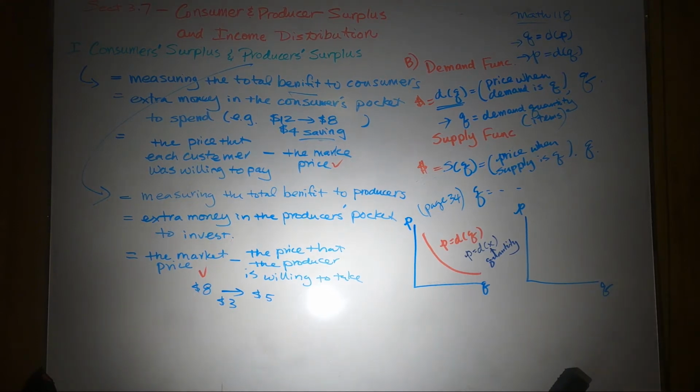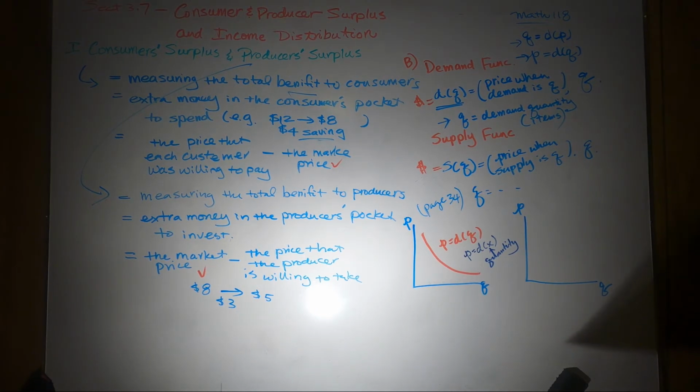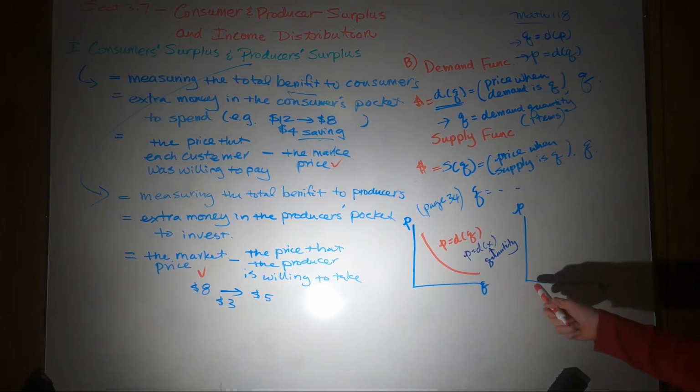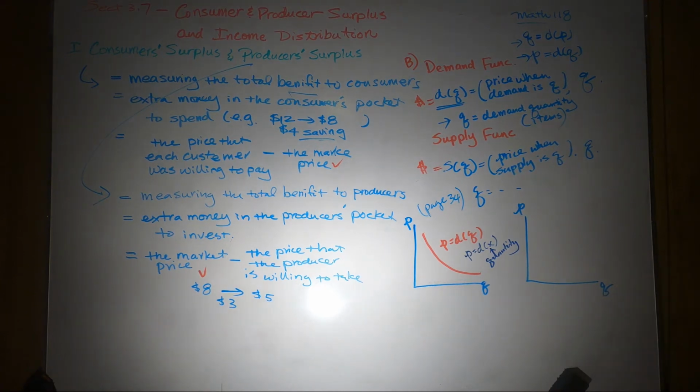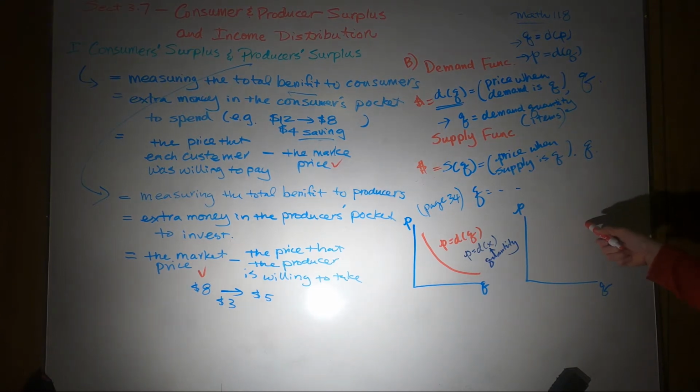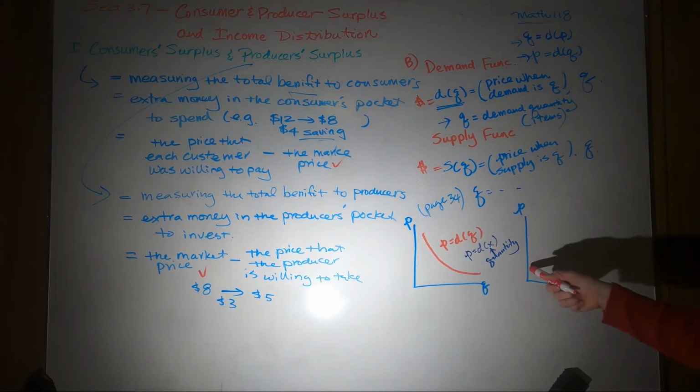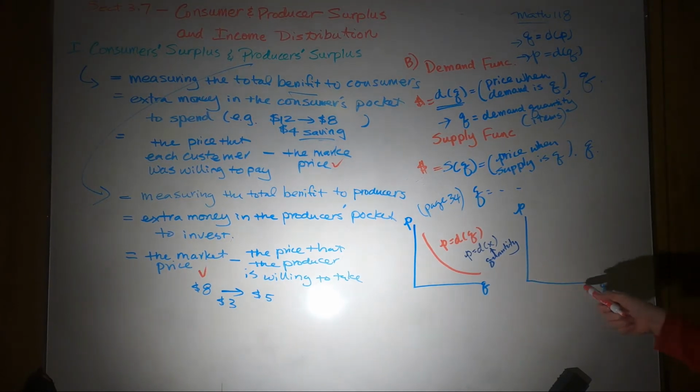So for supply things, what do you think? The curve should look like what? So when the price is high, what do you think? The manufacturer will try to produce more, right? To make a profit. So when price is low, what do you think?